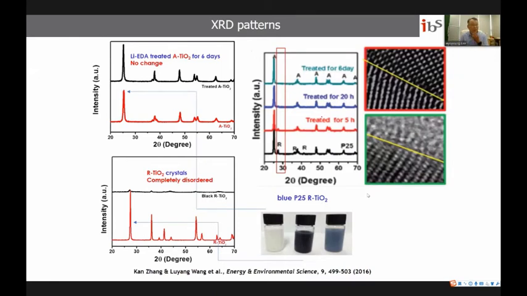This is strong evidence from the XRD: this is the anatase phase, this is the rutile phase. As the reaction goes on, the rutile phase TiO2 is disordered and disappeared. The anatase phase did not change, but the rutile phase completely went away, which means that selectively we can remove the rutile phase only.